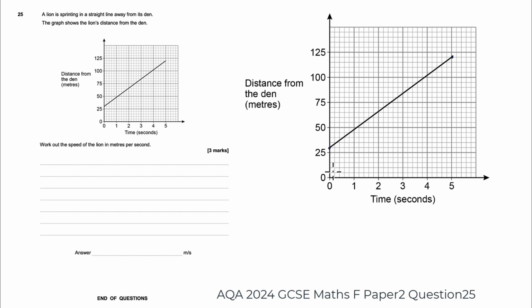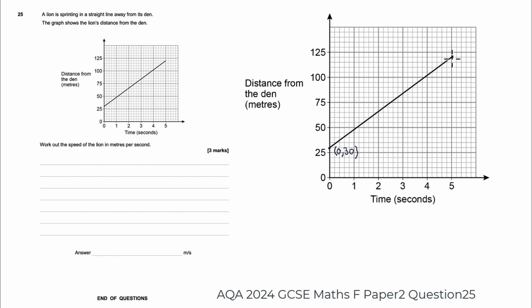So each little square will stand for 5 meters. 5, 10, 15, 20, 25, 30. We've got 5 meters more than the 25. So this point here is 0, 30. So it starts off 30 meters from the den at time 0.